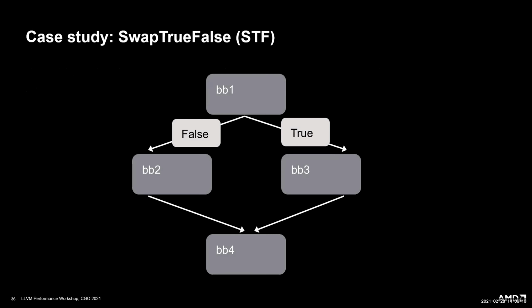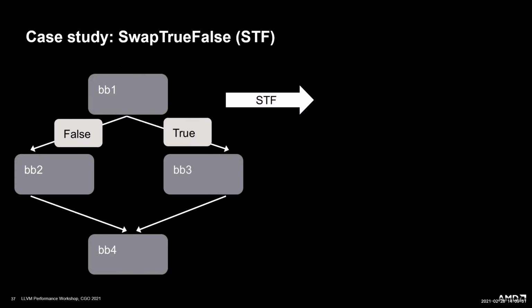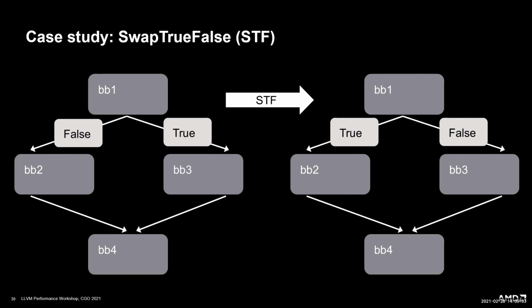Let's say we have a simple CFG with just 4 basic blocks. If we apply the swap true false mutation on the CFG, we get a CFG with a similar structure, but the labels on the branches are now inverted, right?